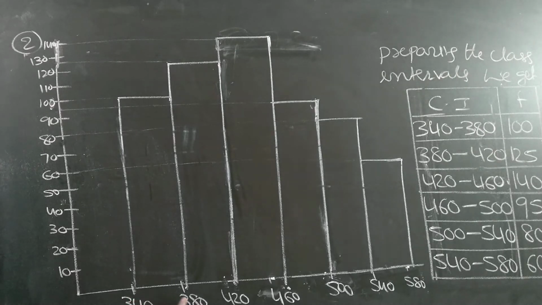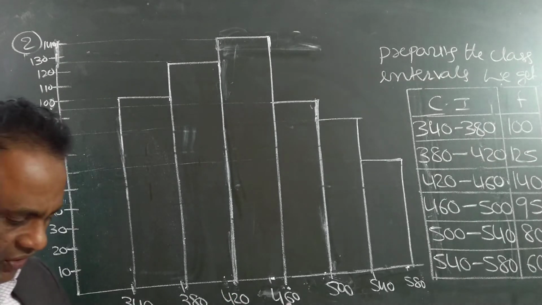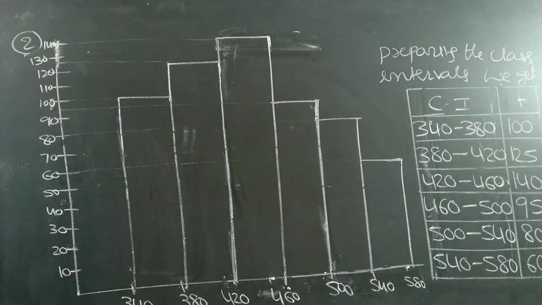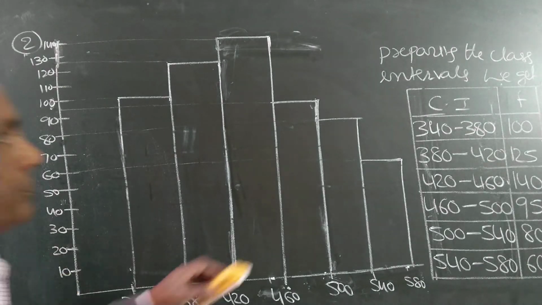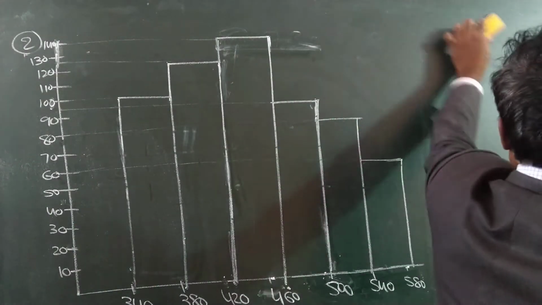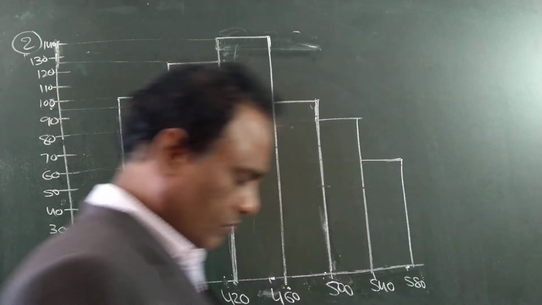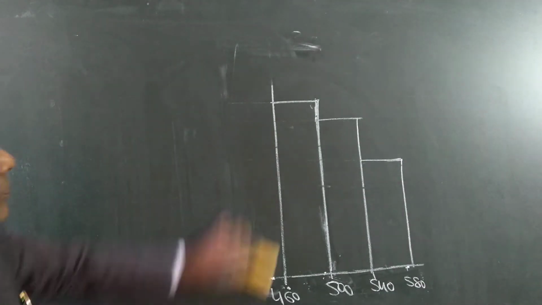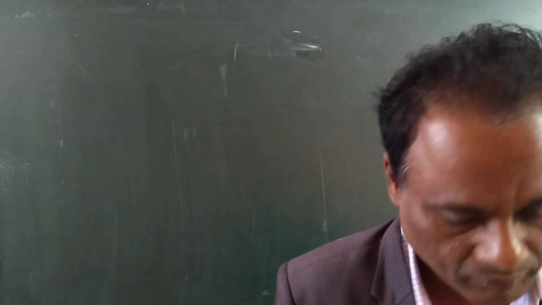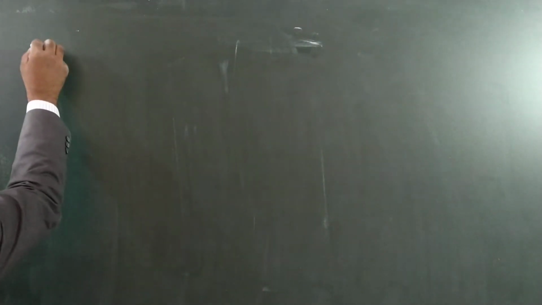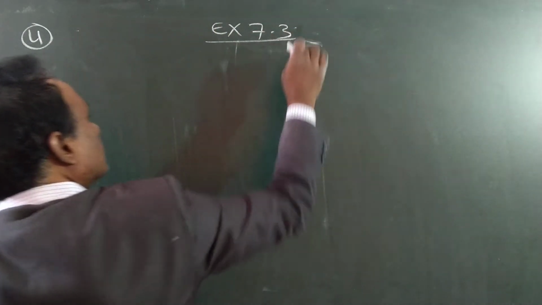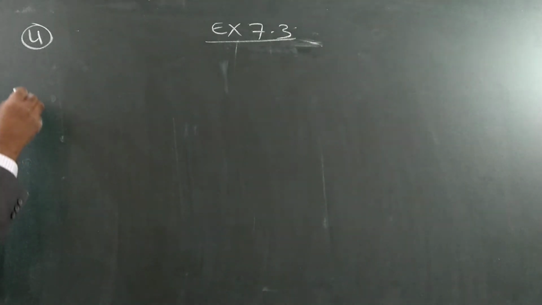Taking the classes as 500 to 550, 550 to 600, 600 to 650, 650 to 700, 700 to 750, 750 to 800. Third is over, students. Fourth problem. Students, draw that table.